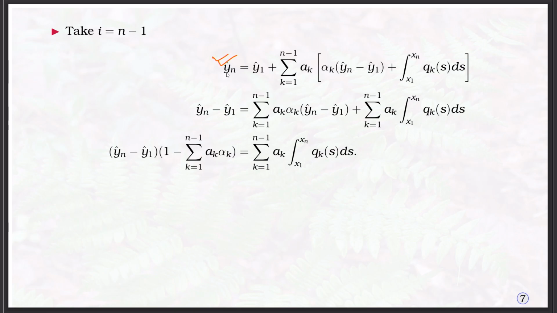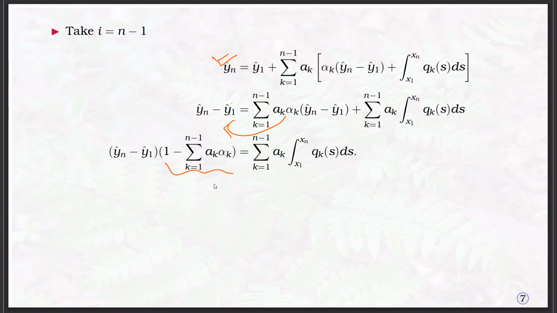Then here you can observe that we can write yn cap minus y1 cap. If this term comes to this side and you take yn cap minus yn outside, then one will get this one.